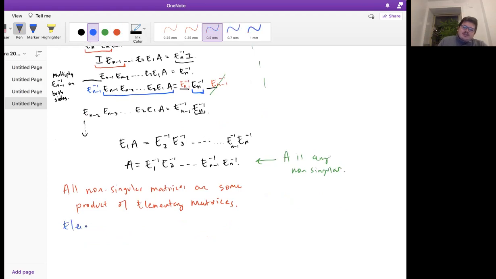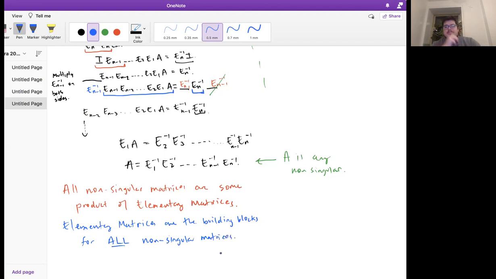So you can think of elementary matrices as the building blocks for all non-singular matrices. So everyone see that?